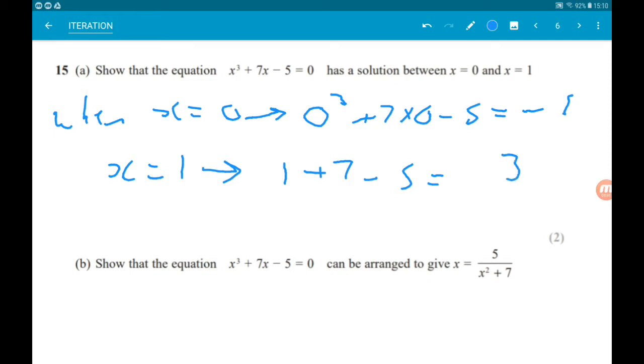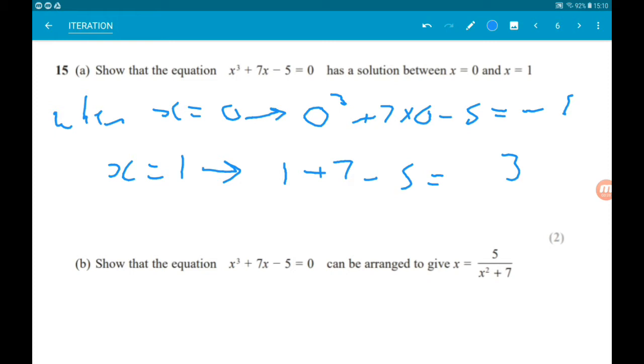Okay, so that change of sign tells us then that somewhere between x is 0 and x is 1, there is an x value that makes x cubed add 7x minus 5 equal to 0.